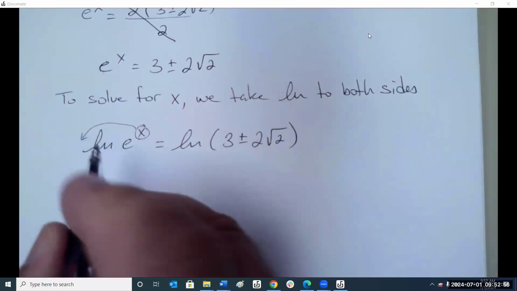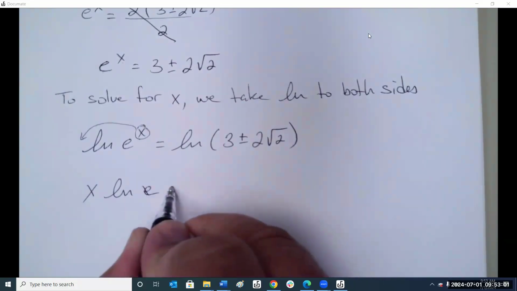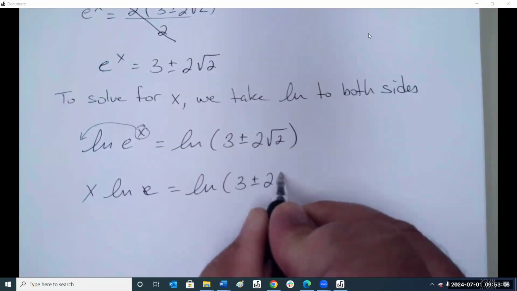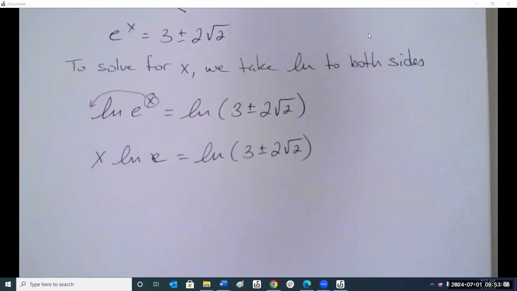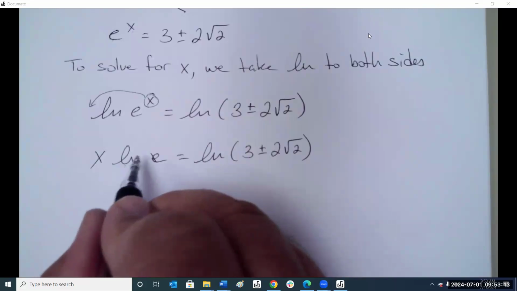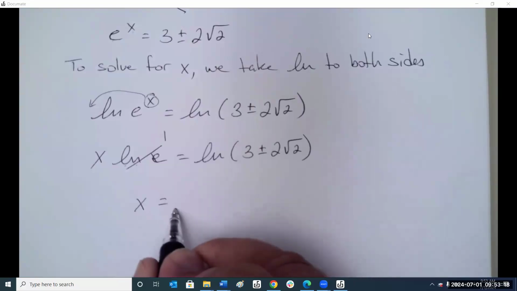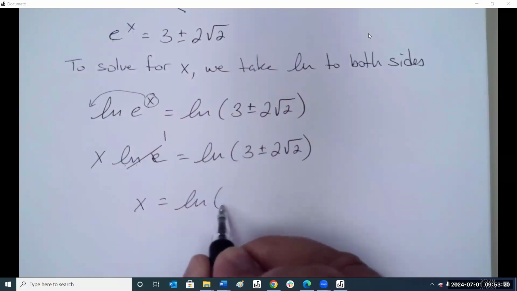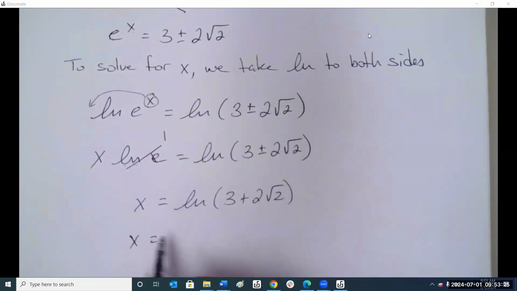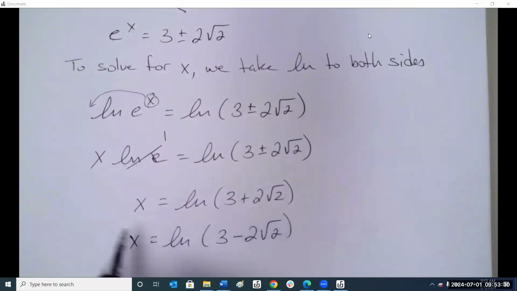The exponent comes out in front. ln, or log base e of e, is 1. So x is equal to ln of 3 plus 2 radical 2, and x equals ln of 3 minus 2 radical 2. Those are my two answers.